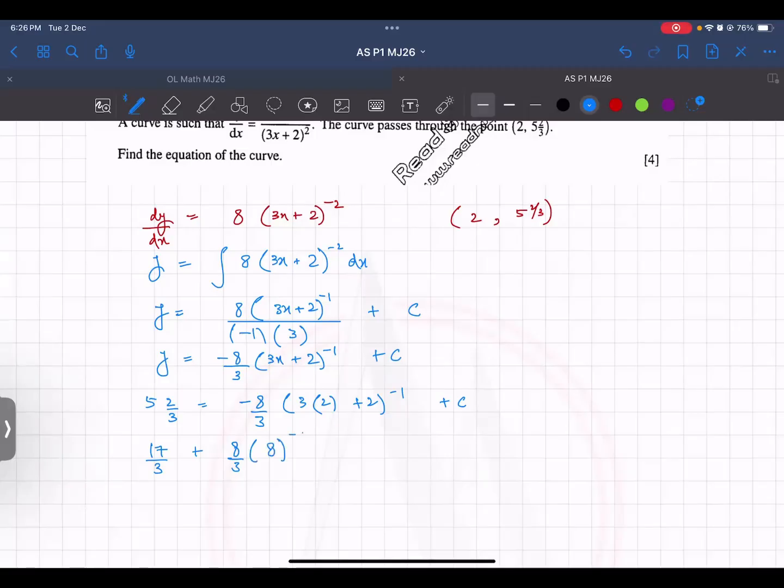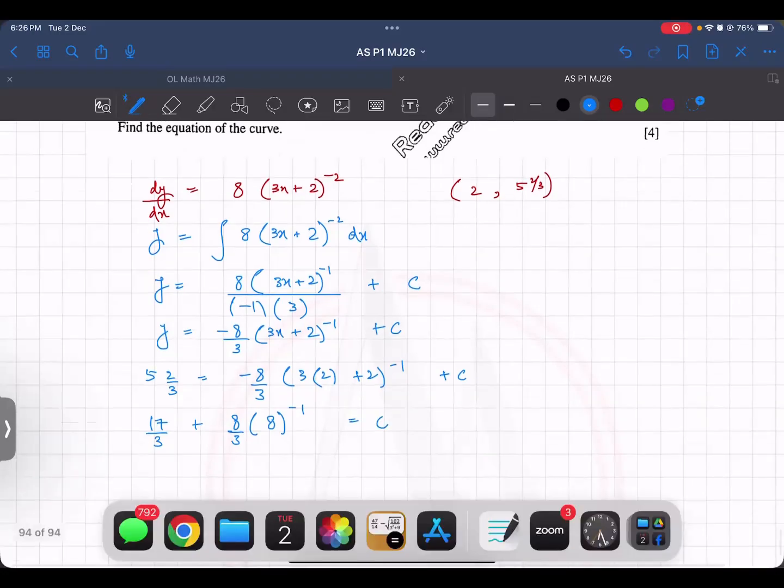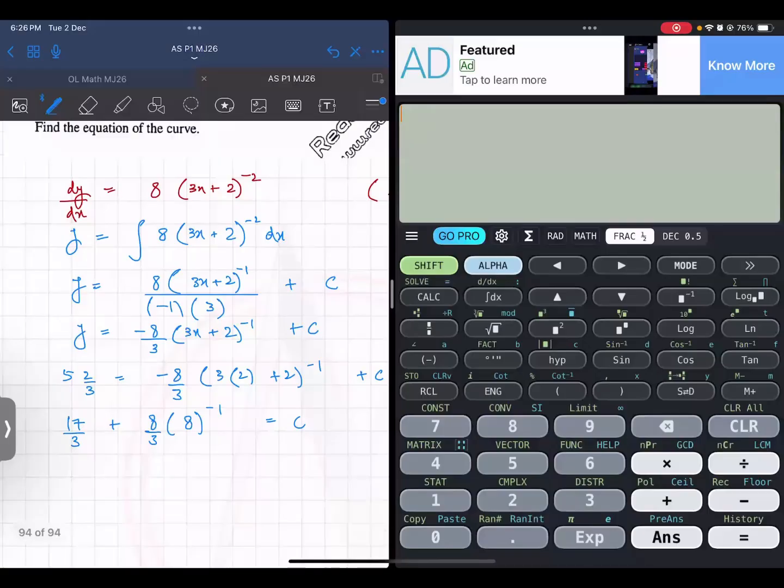You can use your calculator to simplify and make your life easier: 17 upon 3 plus 8 upon 3 multiplied by 8 to the power minus 1 gives 6.